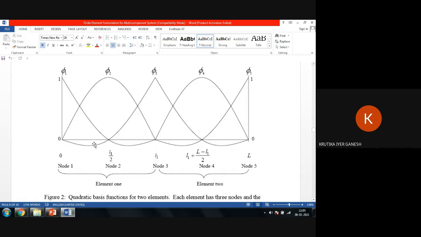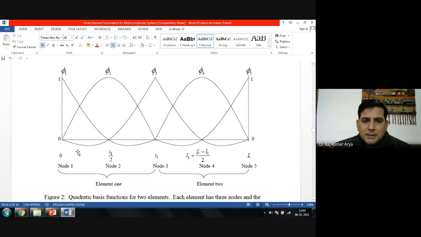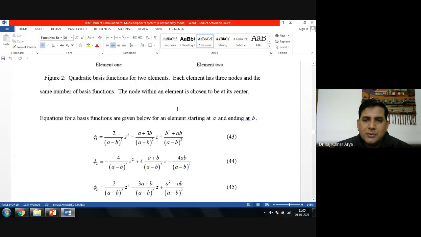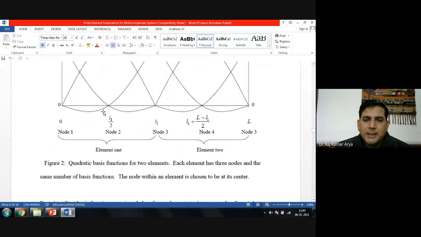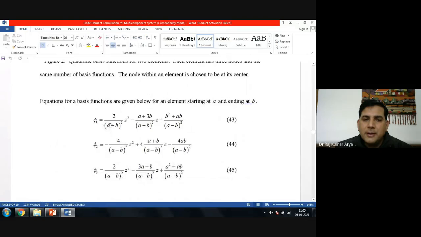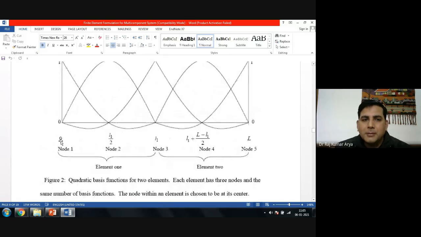So that's what I did here. I did this for an element going from A to B, meaning this point is A and this point is B. You can easily change A to 0, and in place of B you can put L1, because here it's getting changed from 0 to L1.